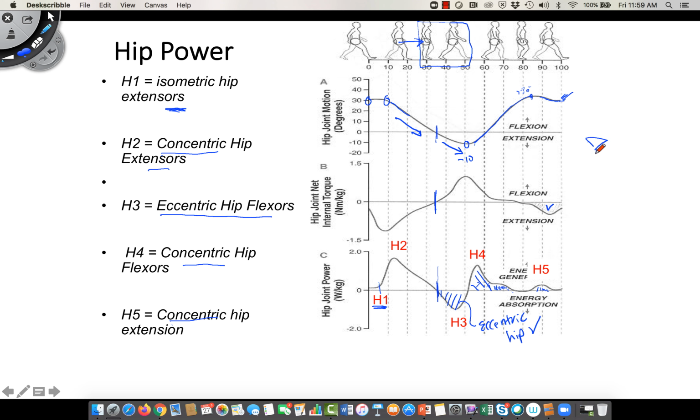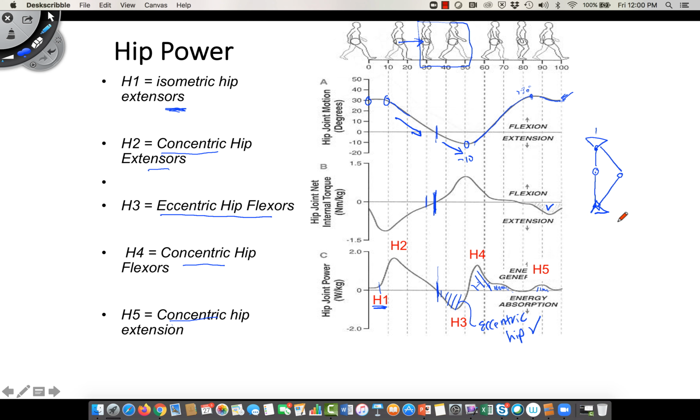So at 30% of stance, I'm basically feet adjacent, and so my trunk is directly over my foot. And so the hip moment is very close to neutral, so that's close to this location. So essentially a little bit past feet adjacent, because 30% would be that transition point.